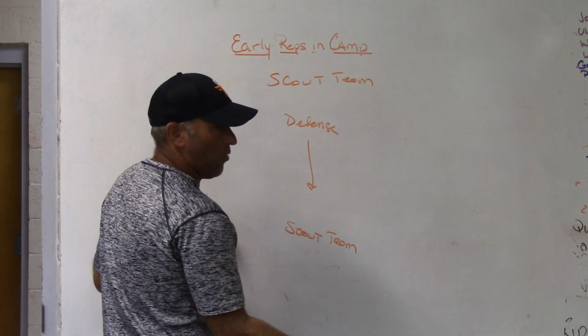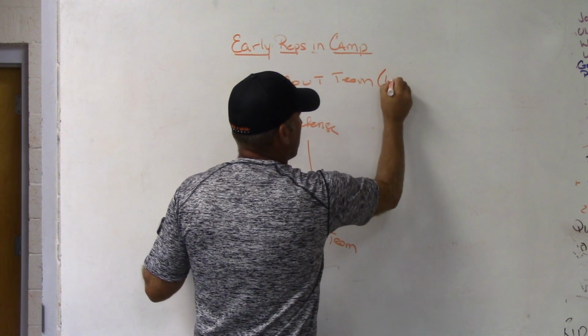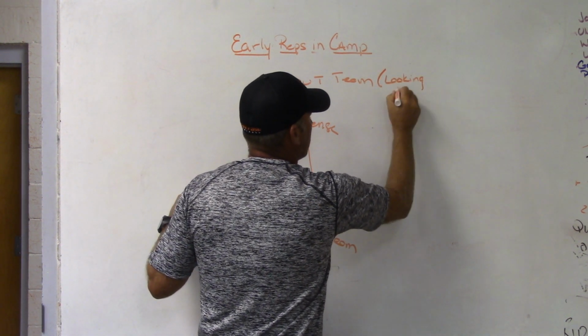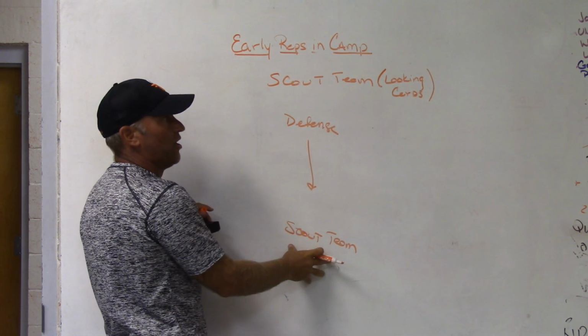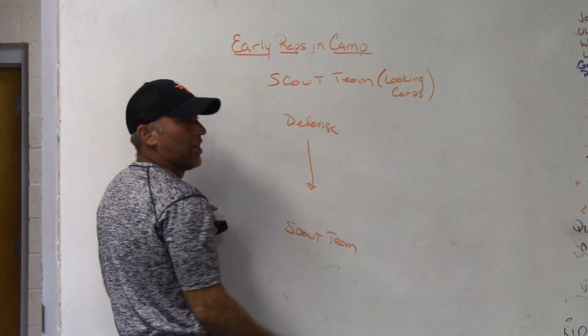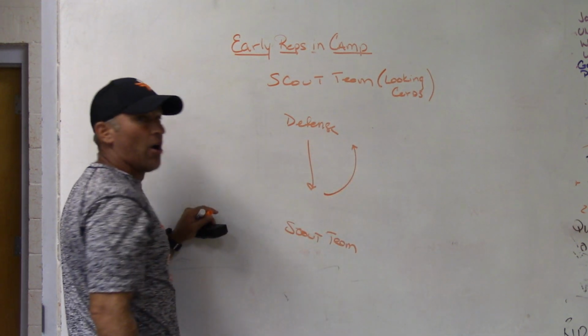You get more reps that way. You get some conditioning out of it because now this team, after they run their rep and the defense goes to play the rep against the other scout team, should be looking at cards to get the next play so that when the defense cycles back, you already have the play.